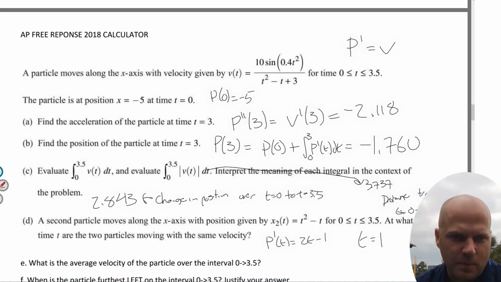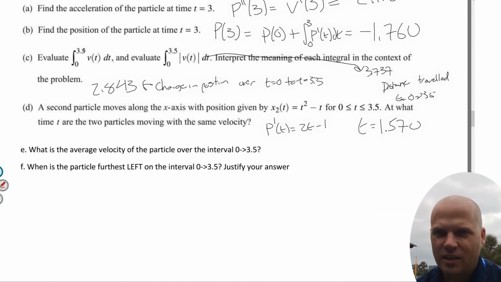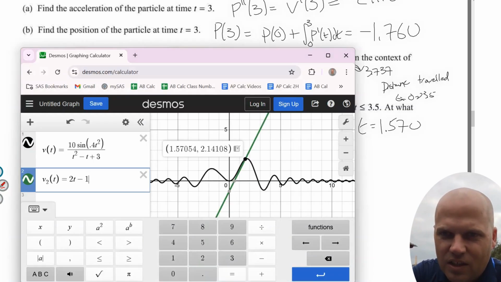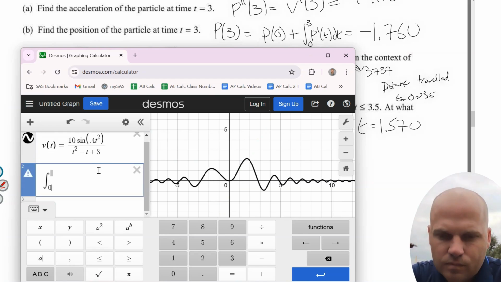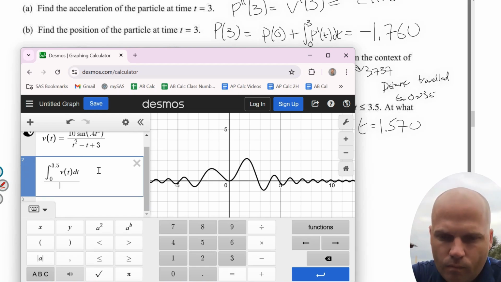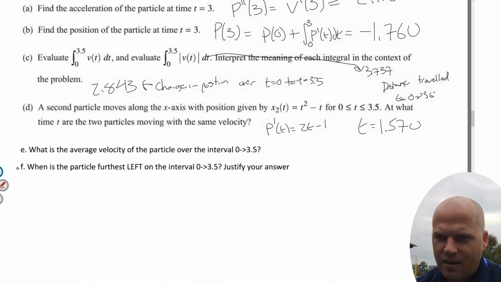I'm telling you, Desmos is making all of my homework videos so much faster. What's the average velocity from 0 to 3.5? It's that number that I just found divided by 3.5, which I need to find again. It's so much quicker. 0.812, you probably have to write it down.